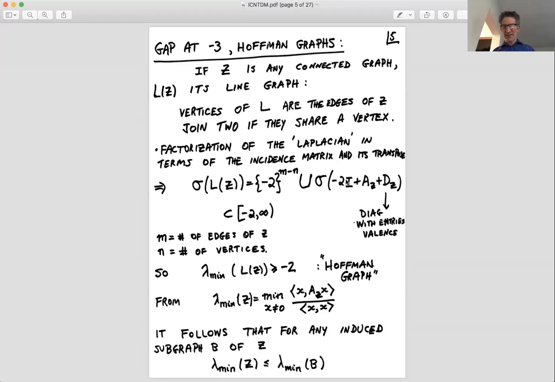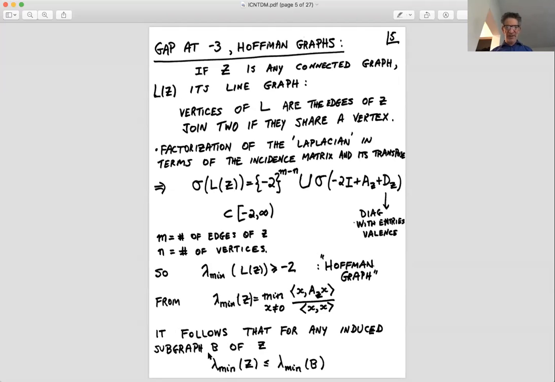But since this is easily seen to be a non-negative matrix, the spectrum of any line graph always starts at -2. So you see, if we take a line graph, we're going to automatically be able to make a gap. Nothing will be below -2. And by the variational principle for computing eigenvalues of a symmetric matrix, the minimum eigenvalue is the minimum of the quadratic form X transpose AX over X transpose X, with the usual inner product on the vertices.